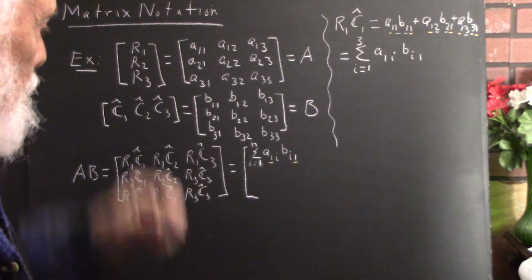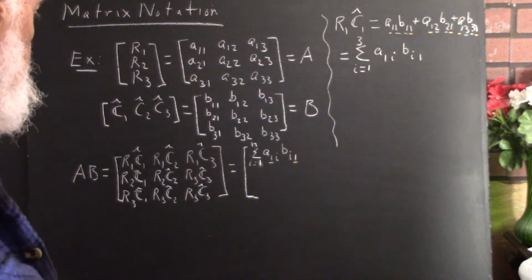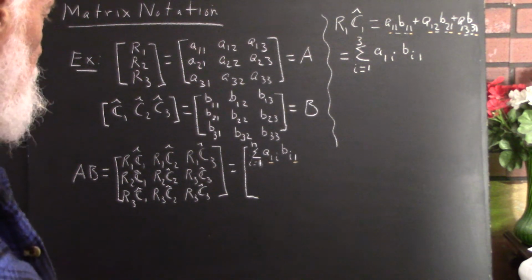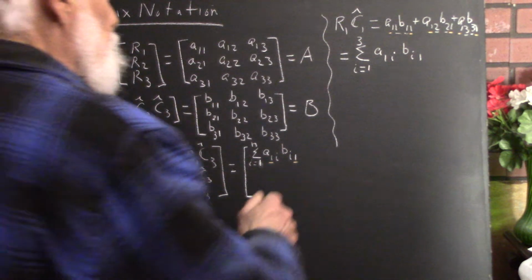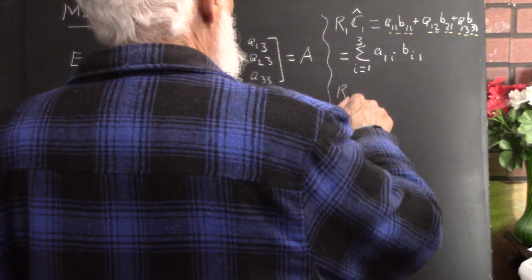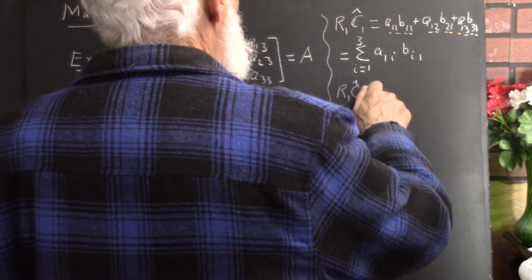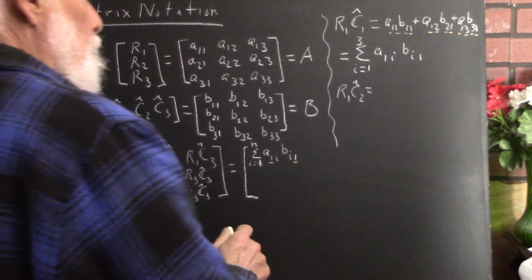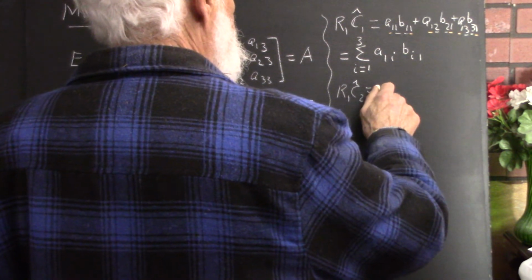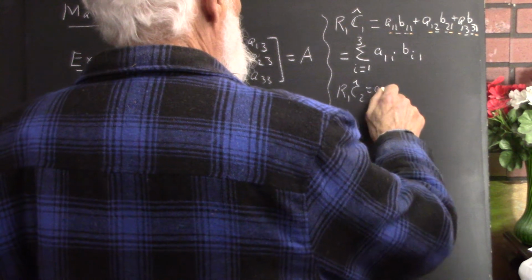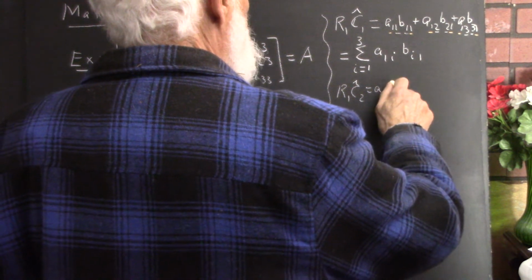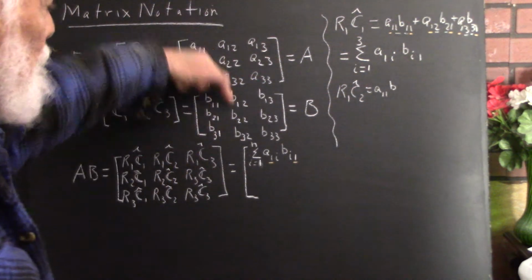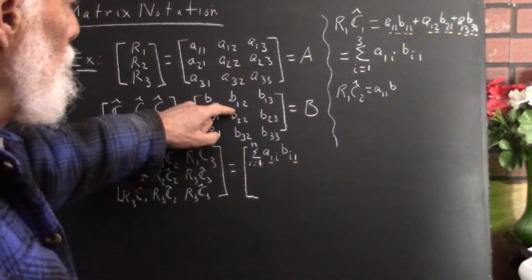Okay, well, then, just as another example, that we could do R1 C2 hat equals, try to compress this writing a little bit. It's going to still be row 1, so it's A11, multiplied though by the B number for the second column, which is B12.